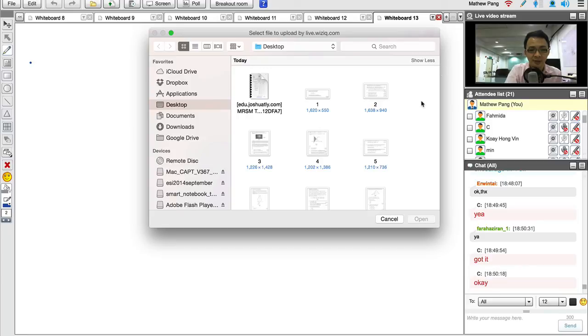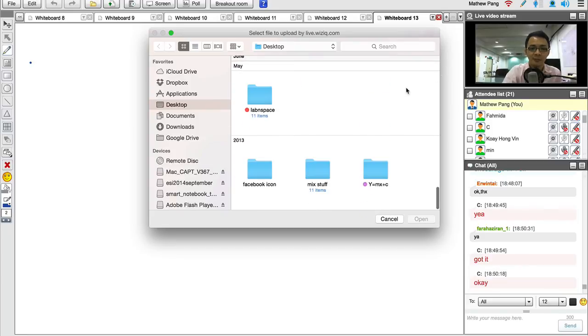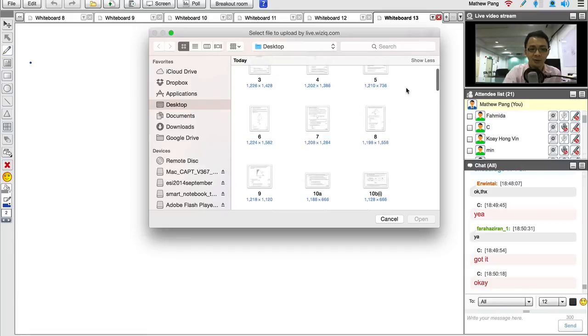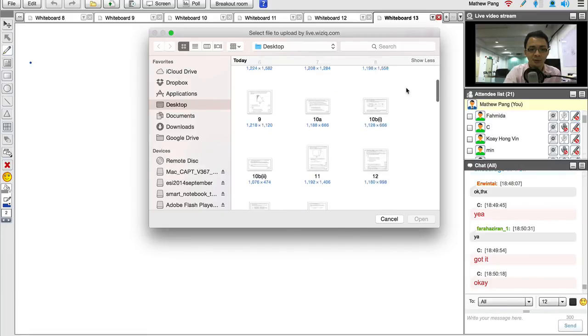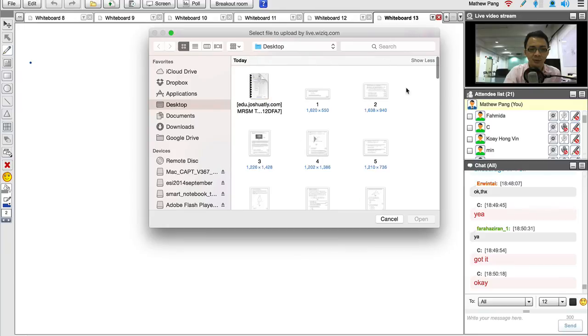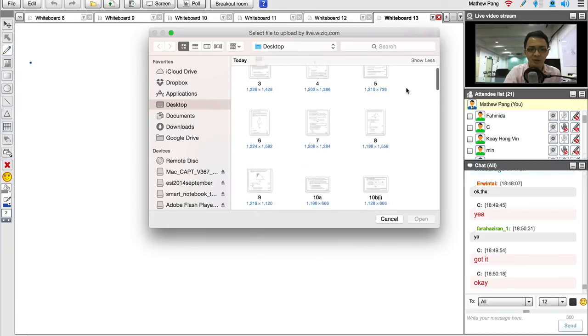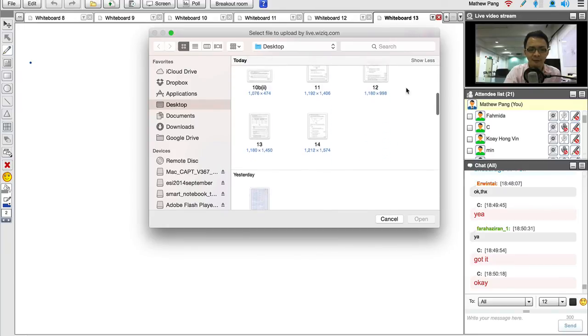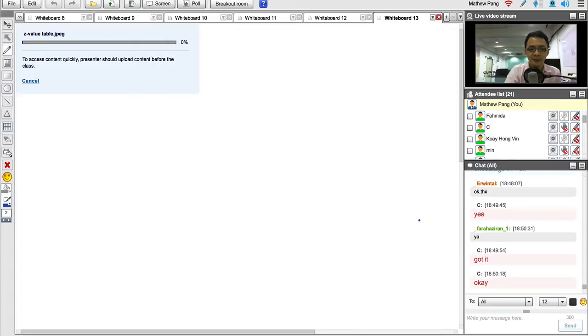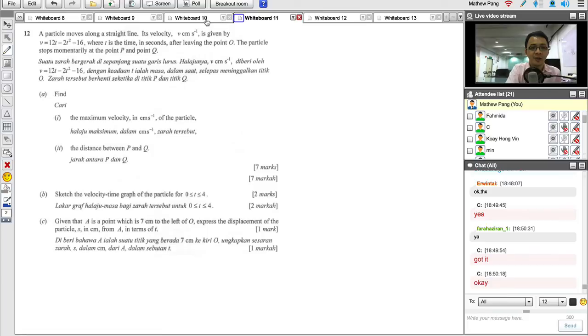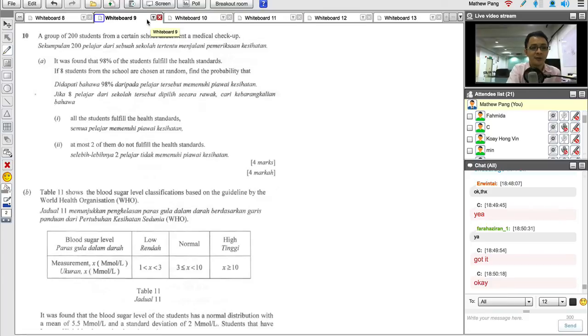Oh my god, where's my Z value table? Is it in my Dropbox? Oh no, it's here. Okay, I come back to the question just now.